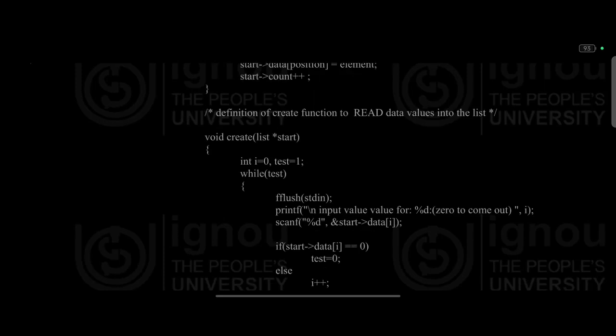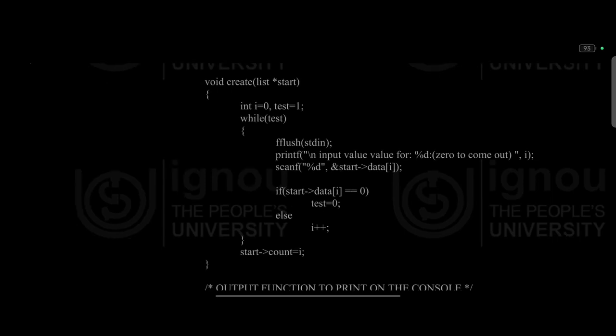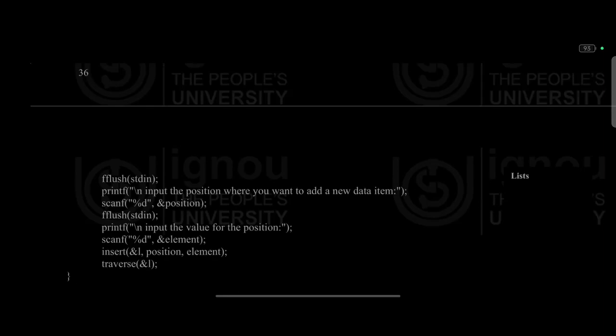void create(list *s) { int i = 0, test = 1; So you can see the program. We will just go fast.